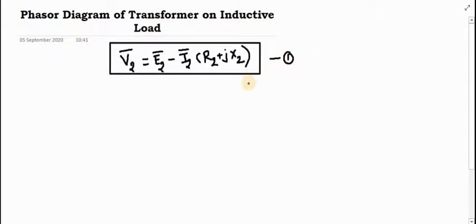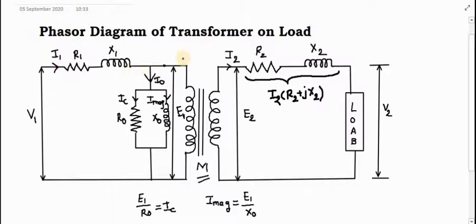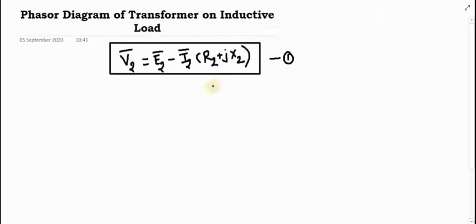Then again we have seen that when my secondary is connected across a load, to neutralize the demagnetizing effect of secondary current I2, the primary draws some additional current I2 dash in antiphase with I2 such that N1 into I2 dash equals N2 into I2.